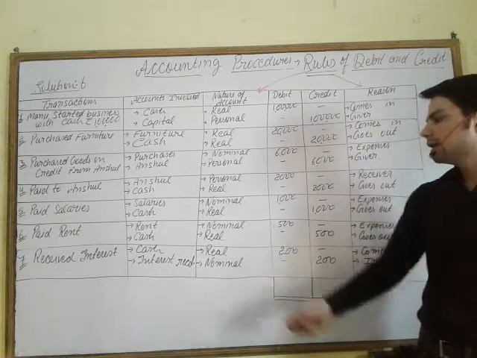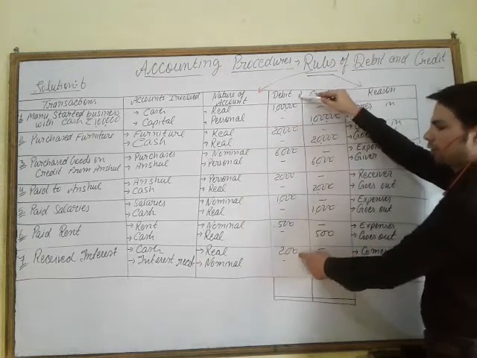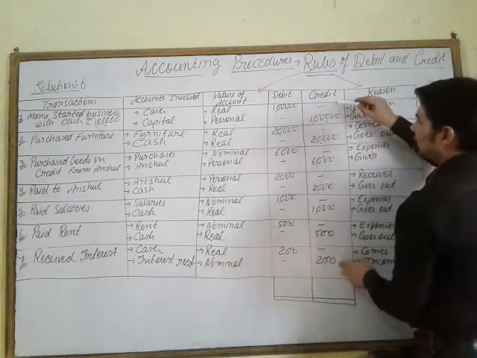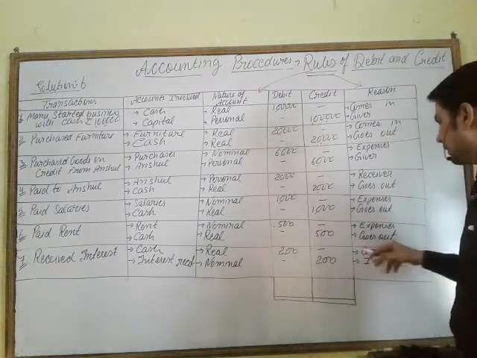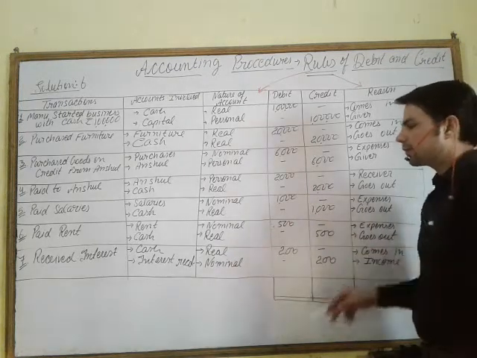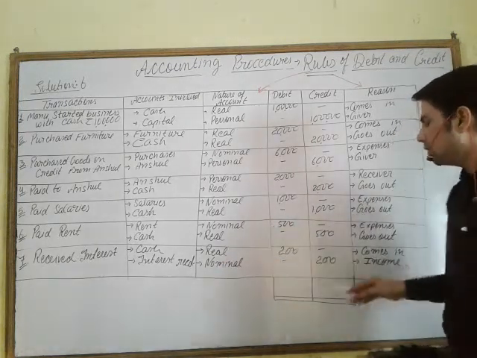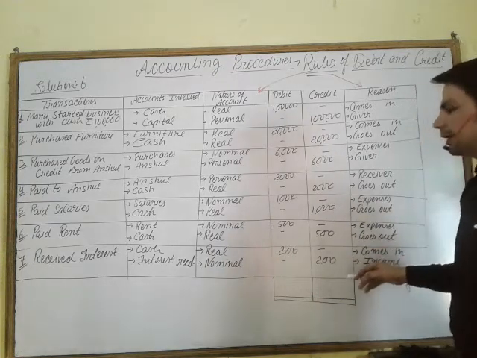Journal entry will be cash account debit to interest received account. Why have we debited it? Cash account is a real account. What comes in is debited. And interest is a nominal account. Incomes are credited. What comes in is debit and income is credit.